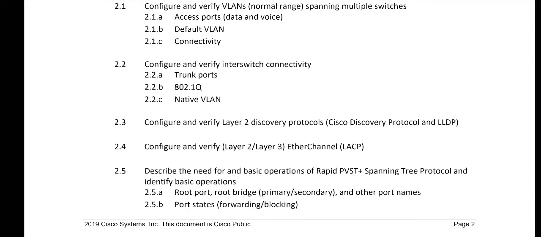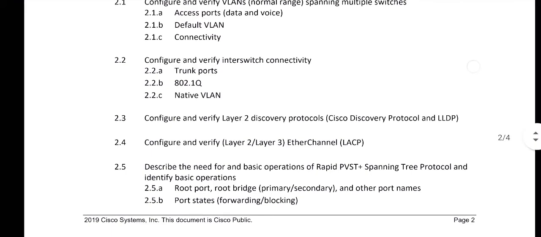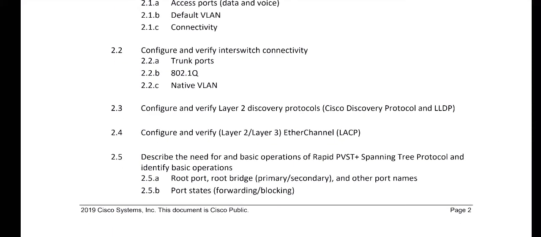For example, if there are multiple floors in the building, you can connect them with a twisted pair cable, and then you need to define the trunk ports. You need to actually set up the ports for them to allow certain VLANs that you want to allow the communication for.